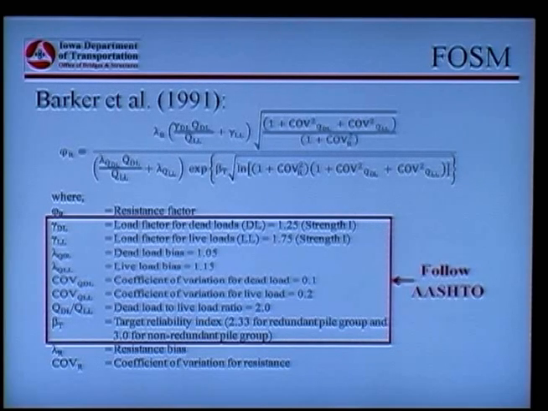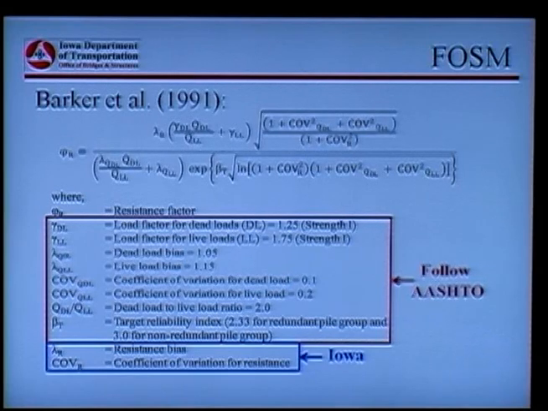But what are the differences between AASHTO and Iowa? It is these two parameters, the resistance bias and the coefficient of variation of our resistance distribution. Right? These two values are based on Iowa historical data. It's based on historical data and the 10 field tests that we performed a few years ago.